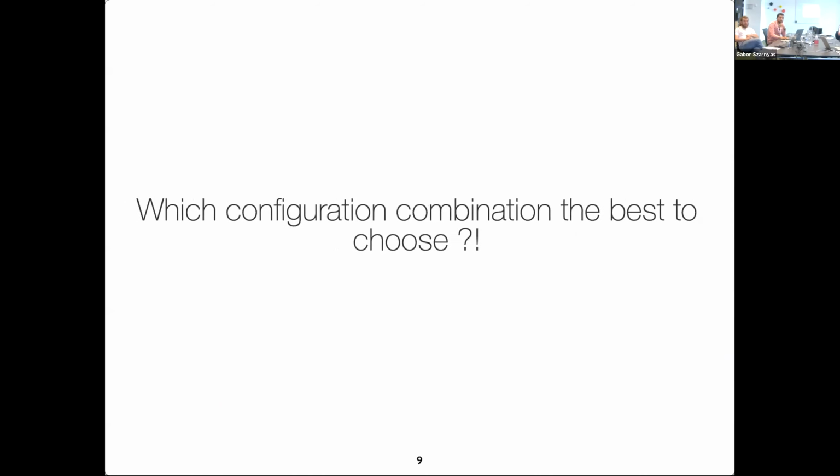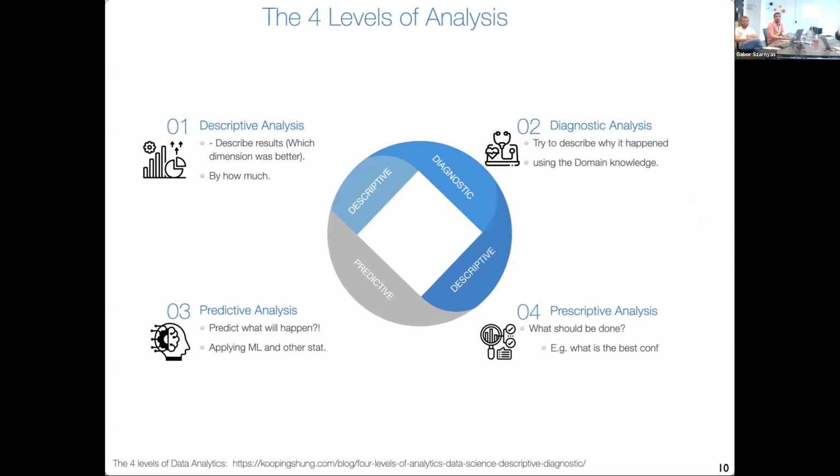So the question is, which configuration combination should the practitioner opt for or select out of this complex solution space, experimental solution space, I mean. It turns out that this problem itself is a big data problem. That's why we can apply the four levels of analytics.